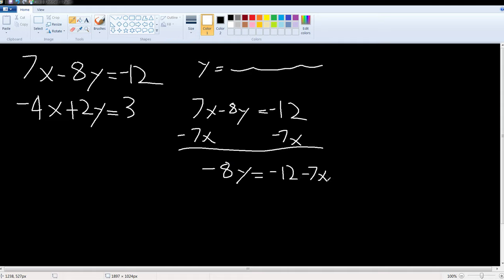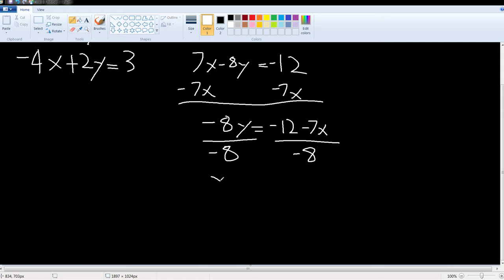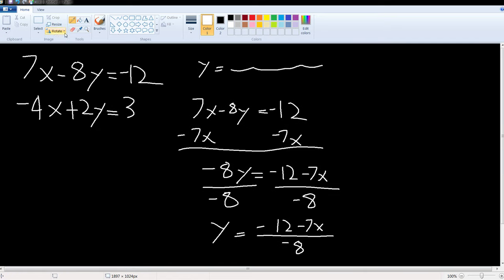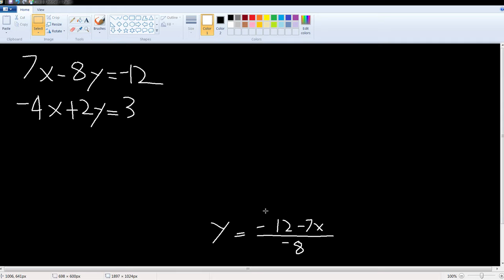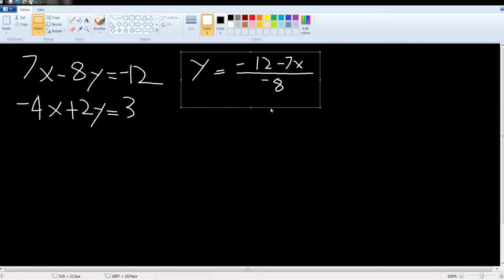We get -8y equals -12 minus 7x, divided by -8, divided by -8. I get y is equal to -12 minus 7x all over -8. So far so good. Now I'm just going to delete this work. So we have y equals -12 minus 7x over -8.